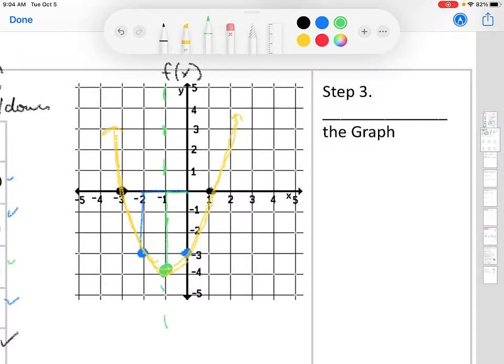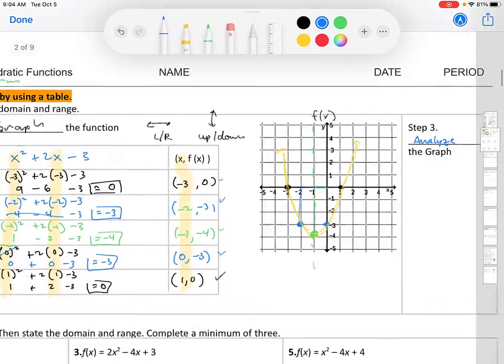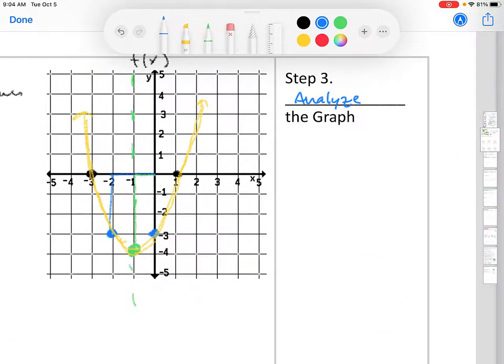And then we already did step 3, basically. This part says analyze the graph, because the second part of it tells us state the domain and range. Okay, so quickly, domain is another way of saying your x values. What x values can I pick? And you go from, I say a phrase, left to right, left to right.